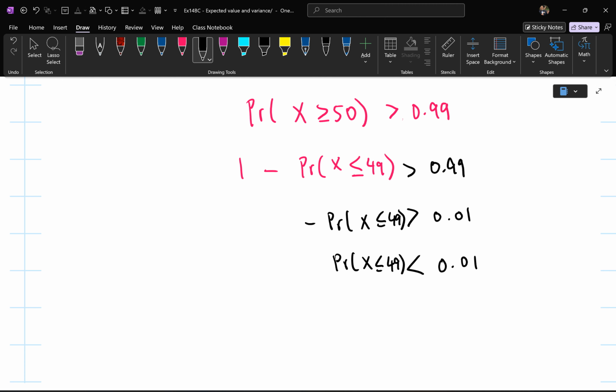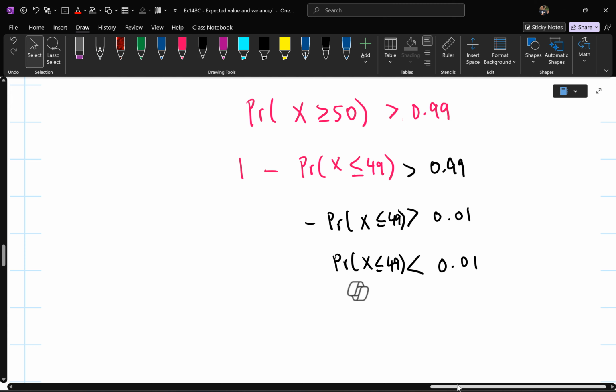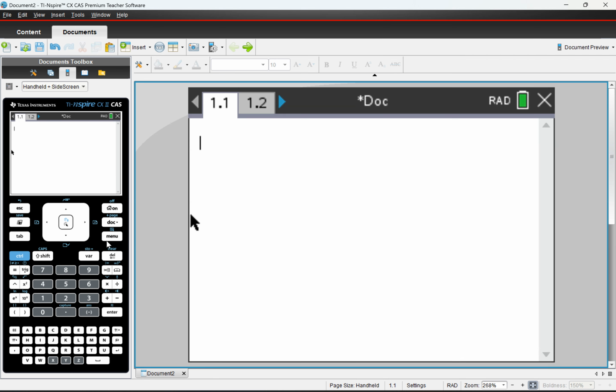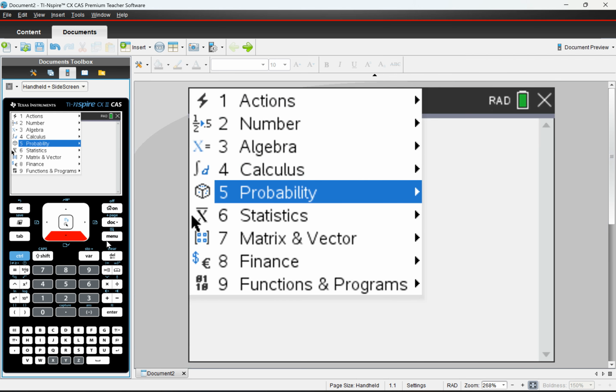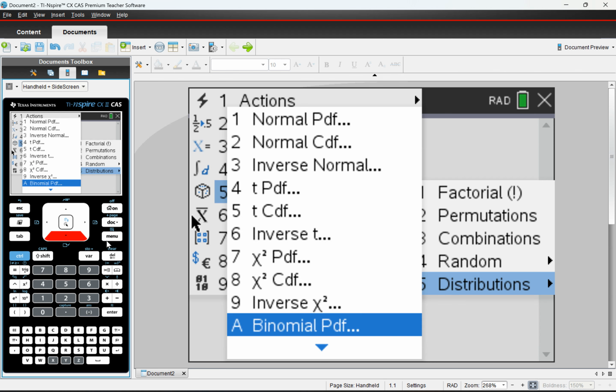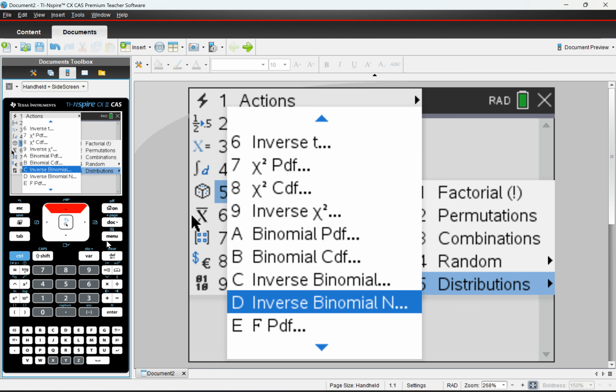But in this case, you can actually go to your CAS and go to binomial: menu, probability, distributions, go all the way down. There are two here, and the two examples I want to show you use the two different ones. One's cumulative, which is what we want.